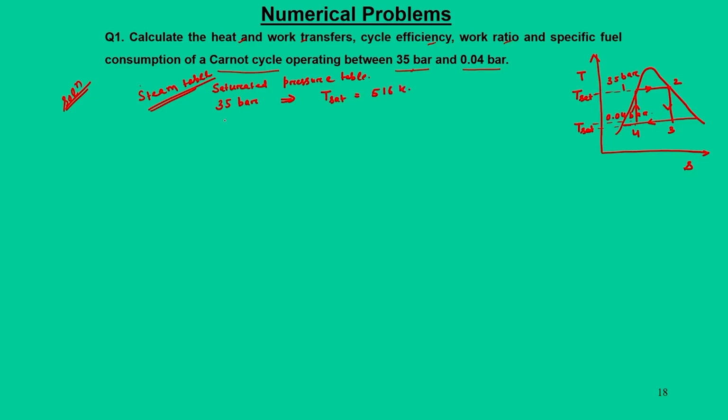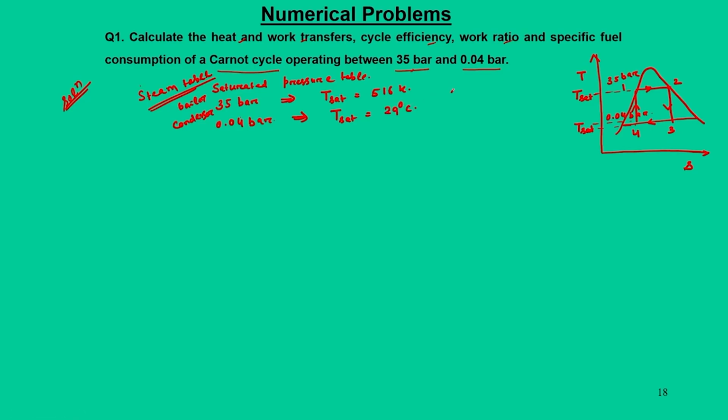The second one is the condenser pressure, that is 0.04 bar. Here T saturated will be 29 degree centigrade. Now, let us find out the state points.